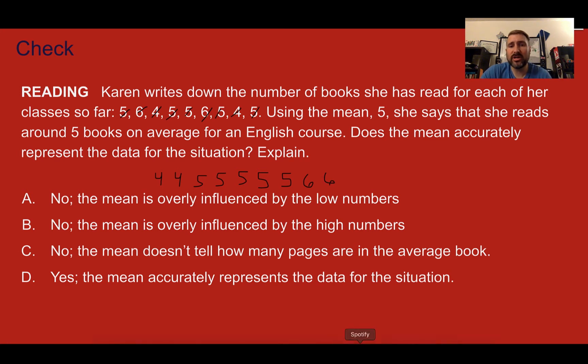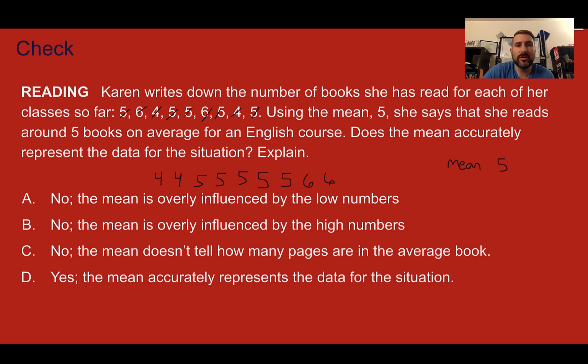So if we're going through our steps to determine if it's accurate, she got the mean was 5. We need to figure out if the median and the mode are also around here. So median is the middle.